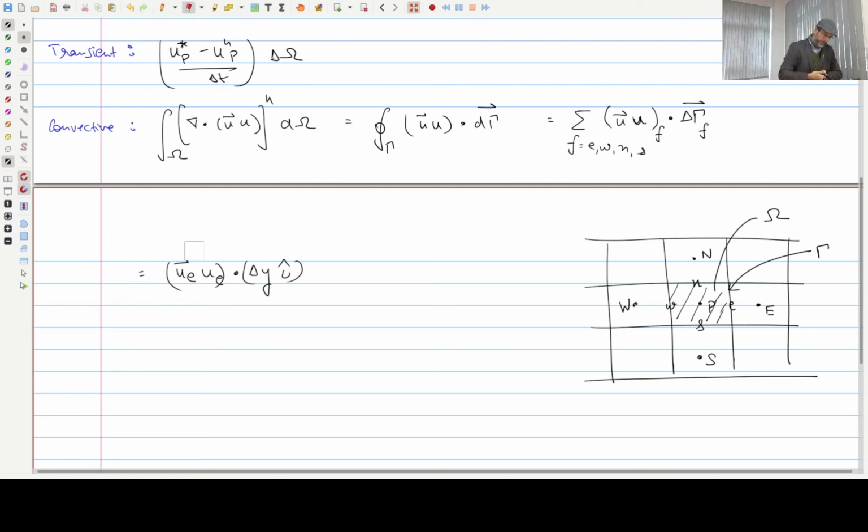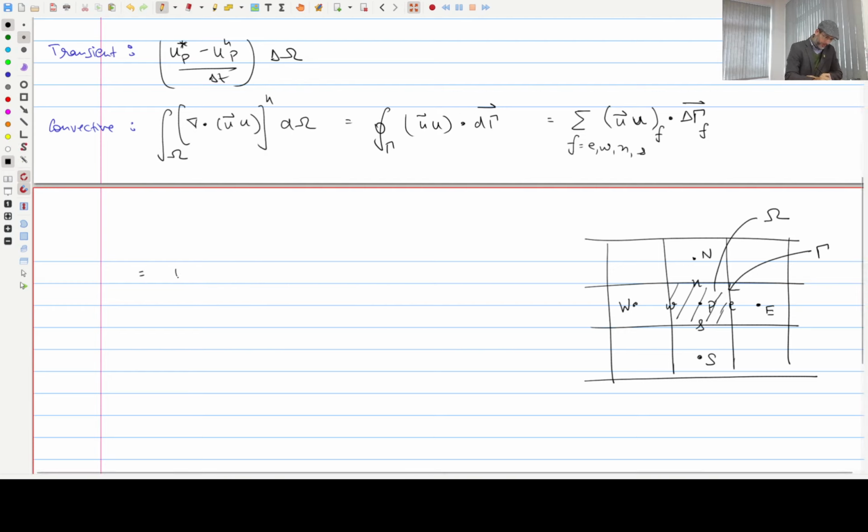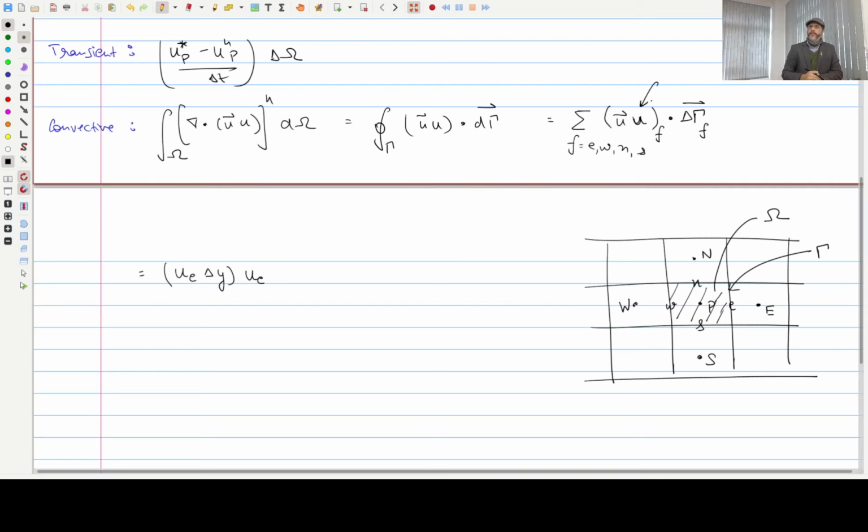So can I just write it, because I will not be doing this again and again. This becomes u east, which is coming from the u vector dot I hat times delta y. Delta y is coming from the area, and then I am writing the u east, that's coming from the quantity being transported.